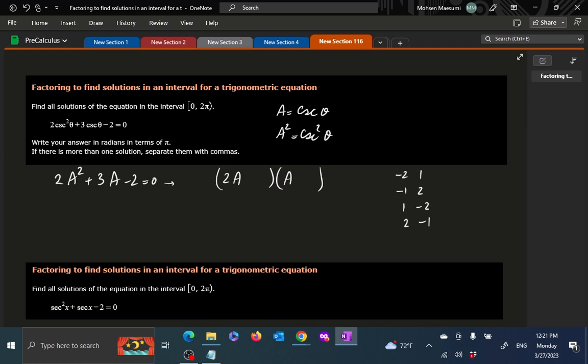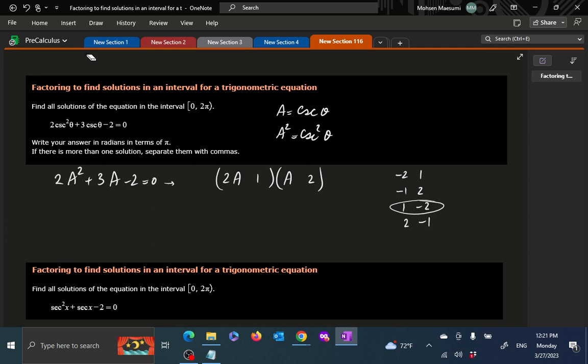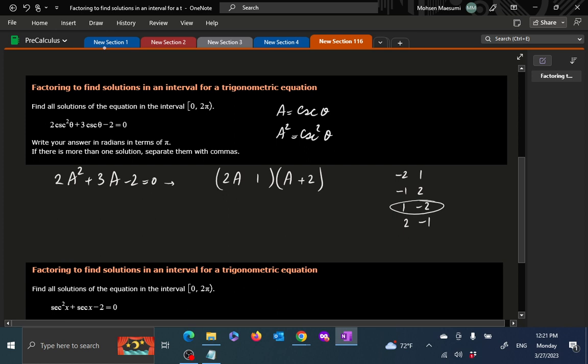So obviously if I have 1 and minus 2 out of these choices, I will have, excuse me, I made a mistake. So I'll have plus 2 and minus 1, so that I will get 4a minus a.